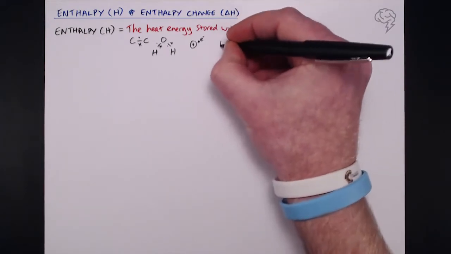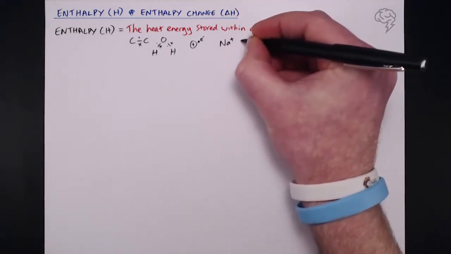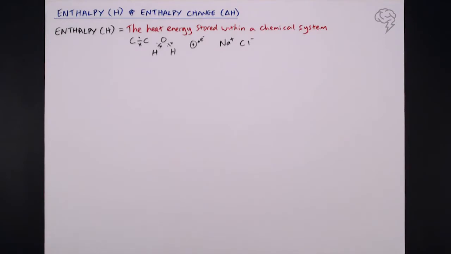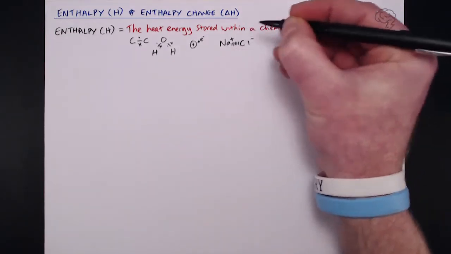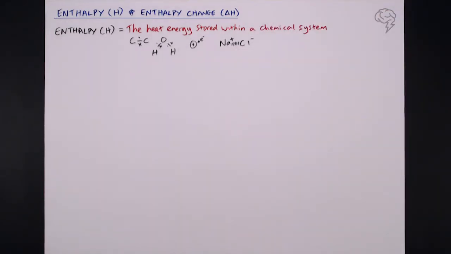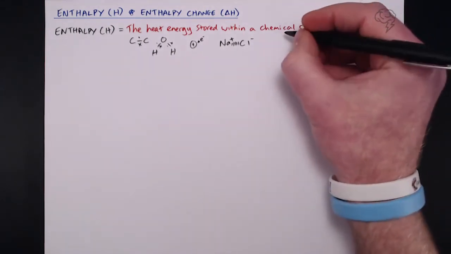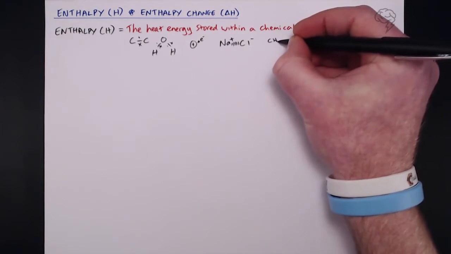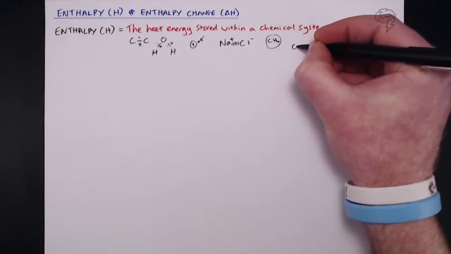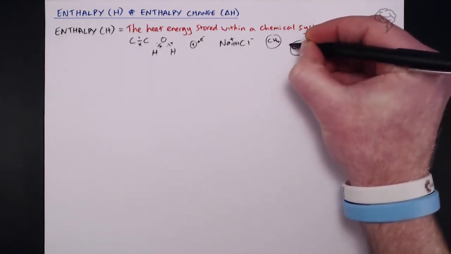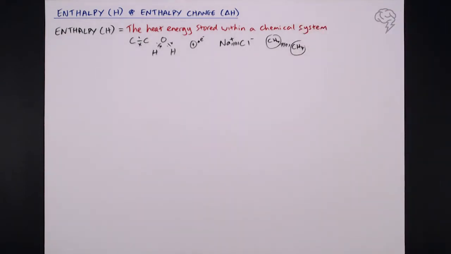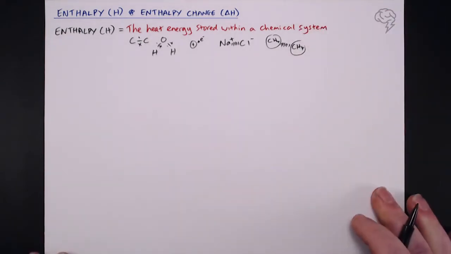Speaking of ions, let's say in salts, there's Na+ and Cl-, sodium chloride. There's electrostatic attractions between those as well. There's energy involved there. But equally between gases, let's say we've got methane molecules, there's energy stored within those. But even with the intermolecular forces between them, there's energy stored in there.